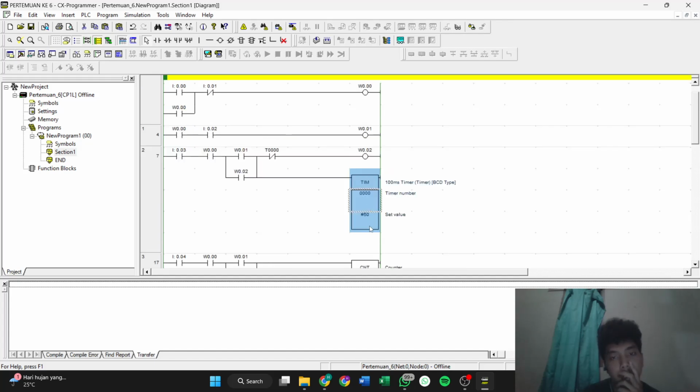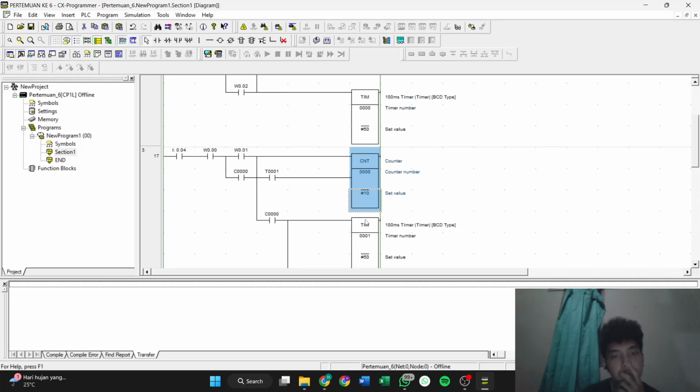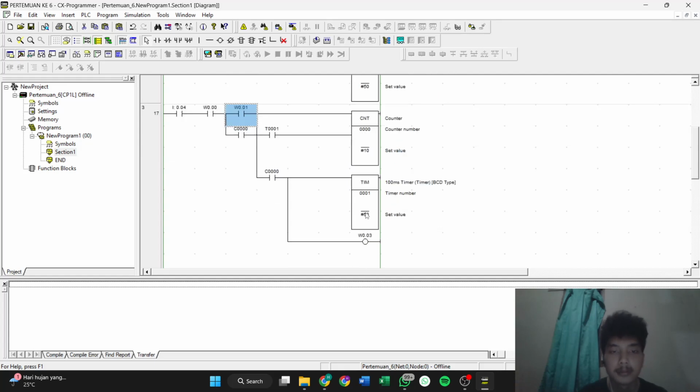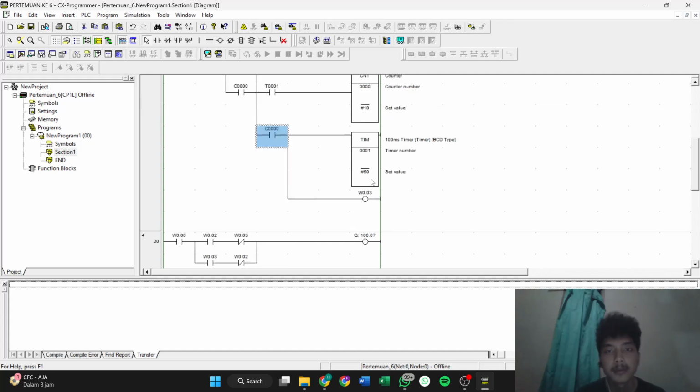There is a delay of 5 seconds, and in this system there is a CNT or counter, number 10. It is on for 5 seconds.